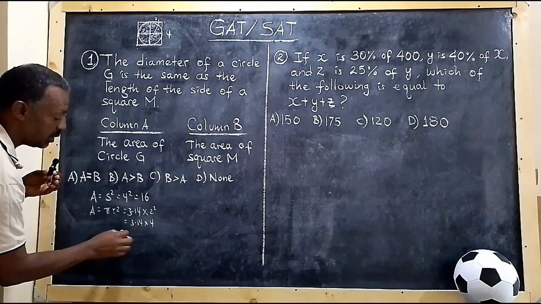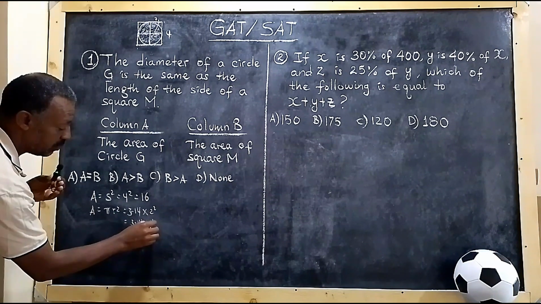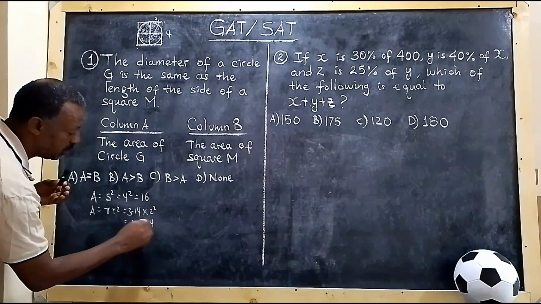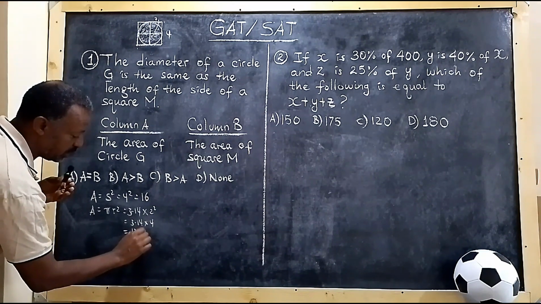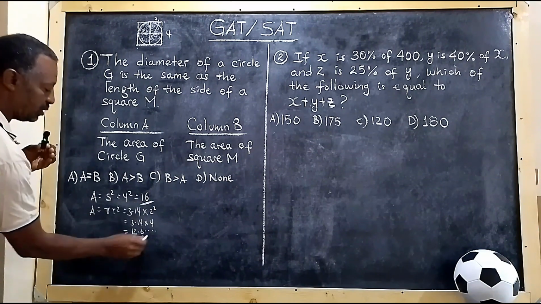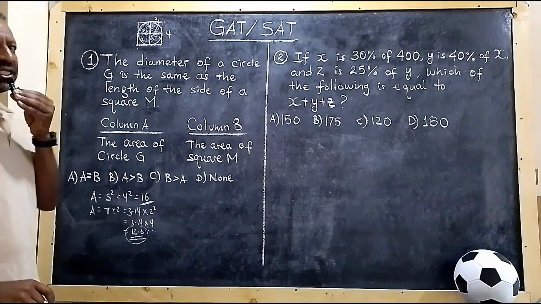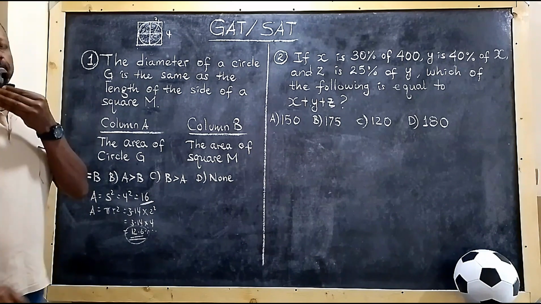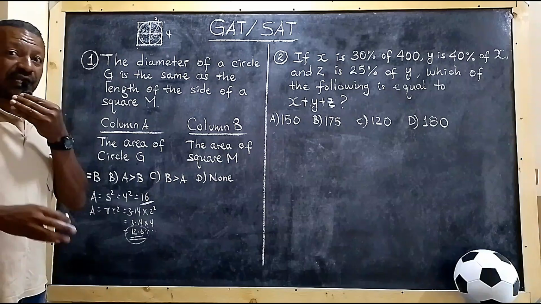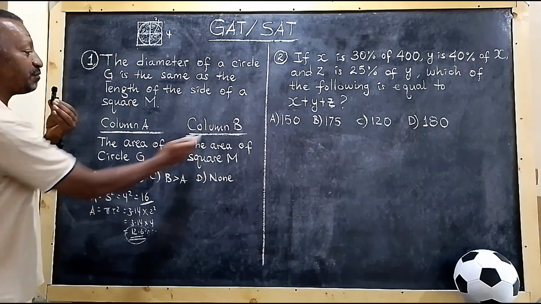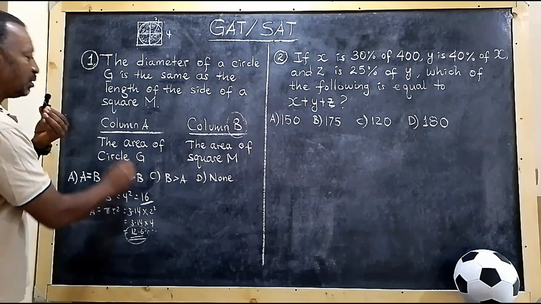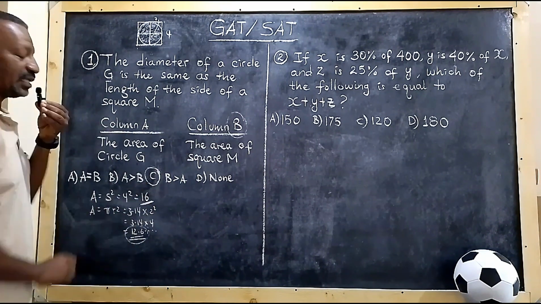If you calculate this, it's 12.6, something like that. So this one was 16 and this one 12 point something. Whatever you calculate, the area of the square must always be greater than the area of the circle, if you don't make a mistake in your calculation. So the answer is definitely that column B is greater than column A.